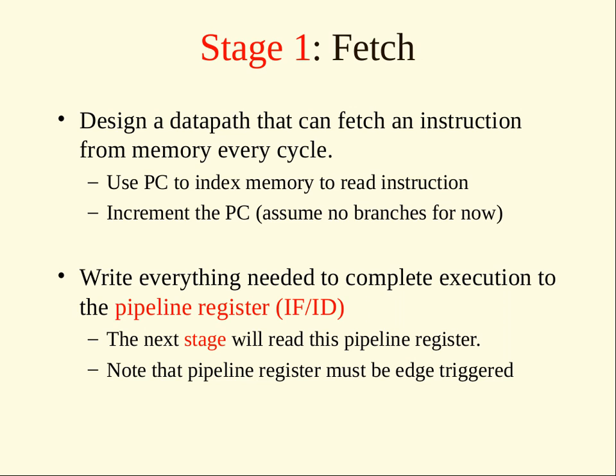It increments PC, so it knows what the next instruction to fetch is. And then when it's done, it's going to save everything into a pipeline register, IF/ID, aka instruction fetch, instruction decode. This is the pipeline register between fetch, which is stage 1, and decode, which is stage 2. Everyone got the pipeline register?